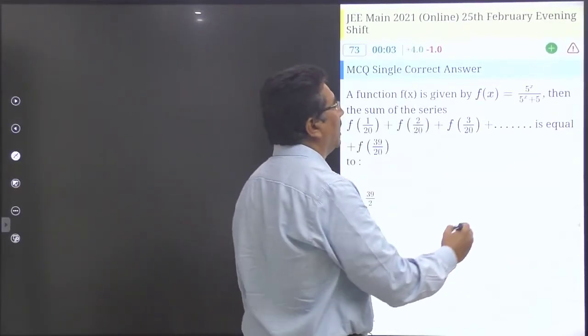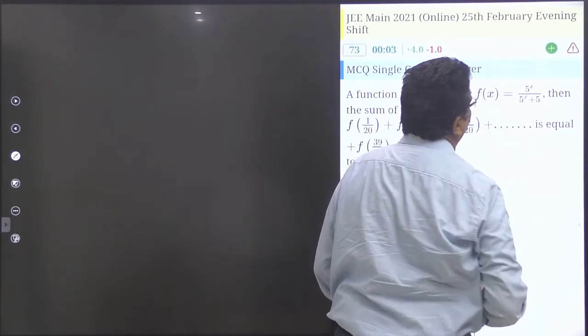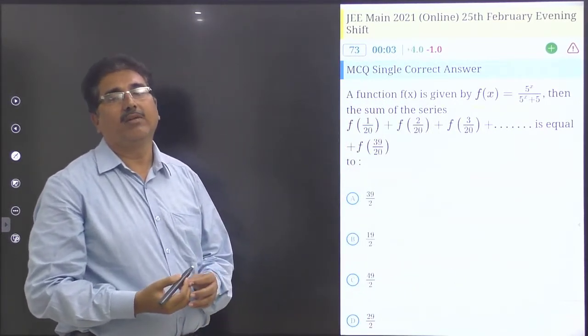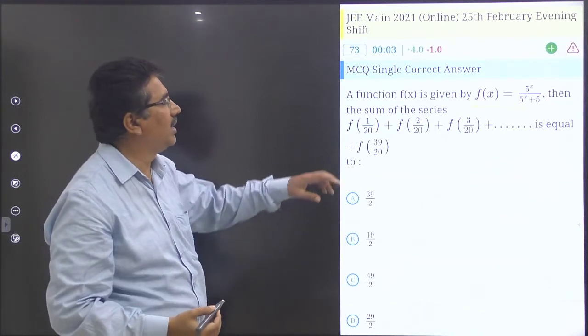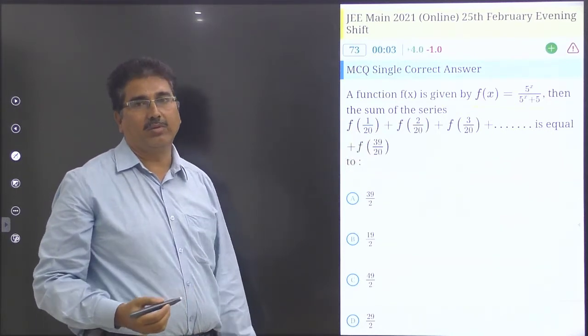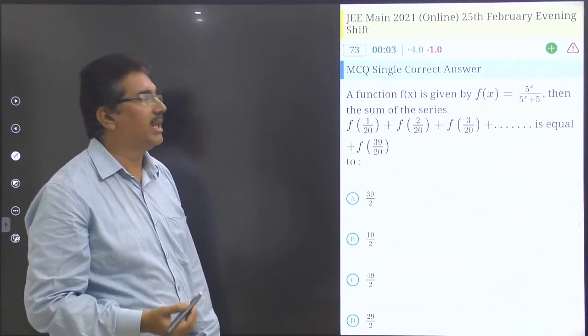A function f of x is given by f of x is equal to 5 power x divided by 5 power x plus 5. Then the sum of the series is equal to, observe the series.